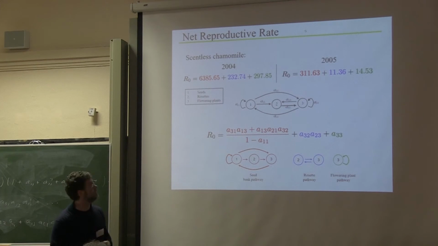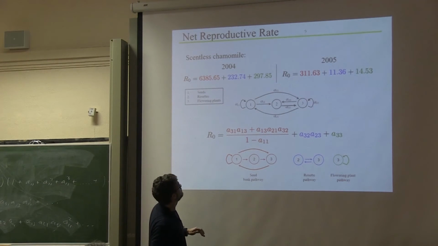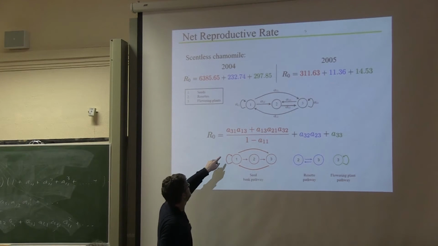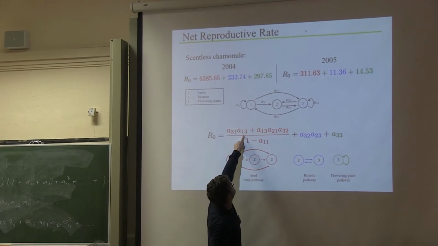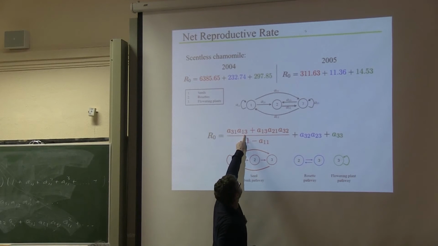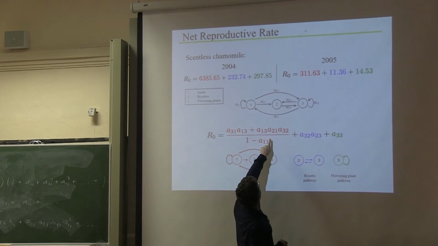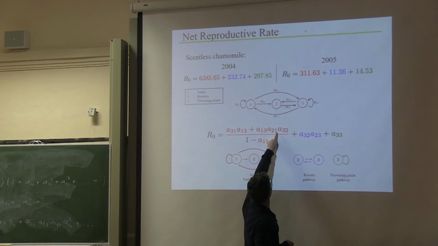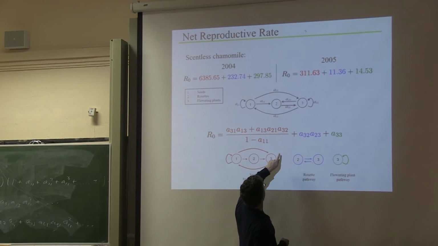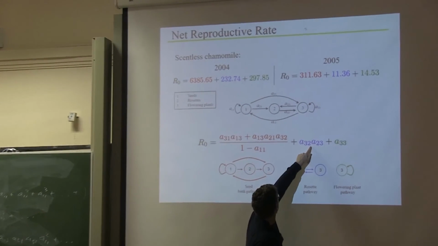So I think the fecundities are A13, A23, and A33.